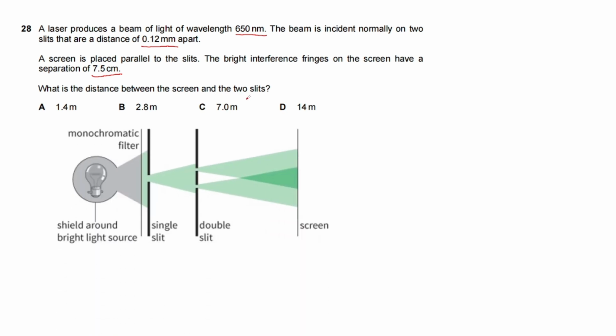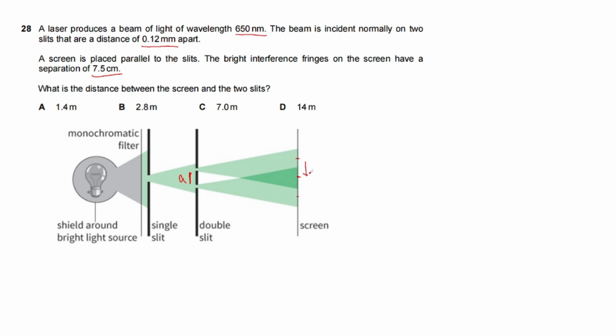So this is a case of double slit interference, right? This is a monochromatic light source, and here are two slits. Let us suppose this slit separation is a, and we have a bright fringe over here, and over here.